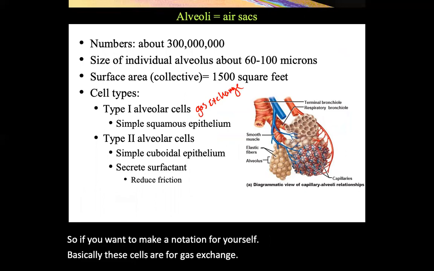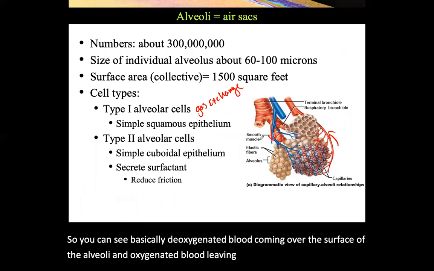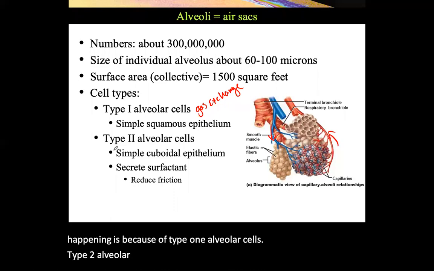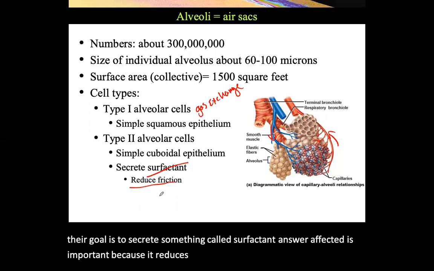You can see deoxygenated blood coming over the surface of the alveoli and oxygenated blood leaving. This exchange is happening because of type 1 alveolar cells. Type 2 alveolar cells are made up of simple cuboidal epithelium, and their goal is to secrete something called surfactant. Surfactant is important because it reduces friction as your elastic lungs expand and decrease in size.